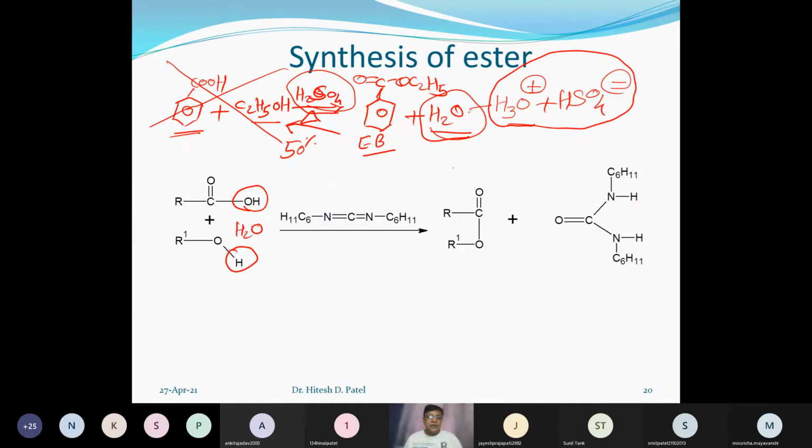So what will we get? We will get H2O. That H2O is trapped by DCC, and now you can see OH, meaning this is called hydrated DCC.